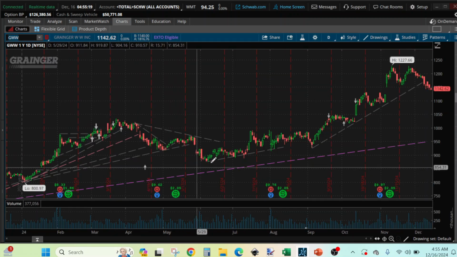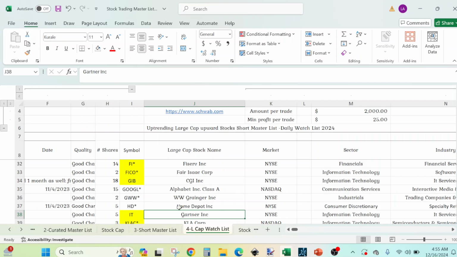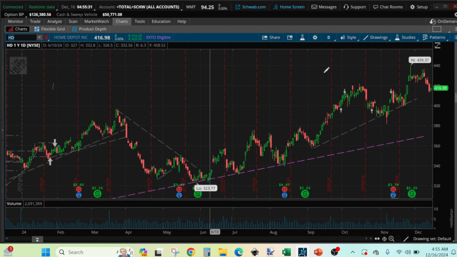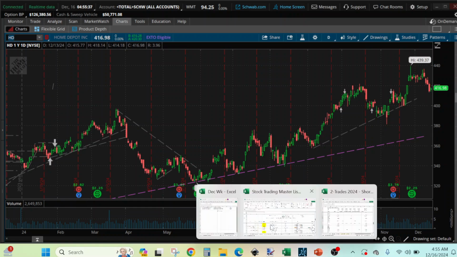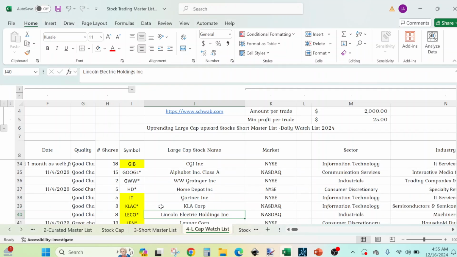So GWW, even though it's pulling back, is far from the line we like to buy it on. HD. HD is a pullback and has the green bar, but it's far from the line we like to buy it on. So as you can see, we are analyzing the chart in relation to the trend line we like to enter.